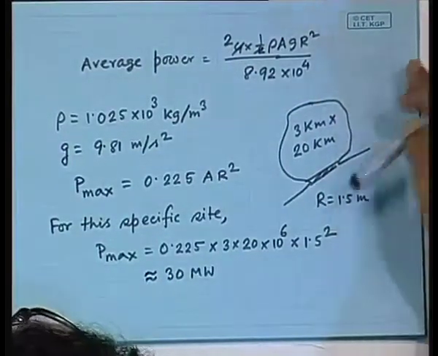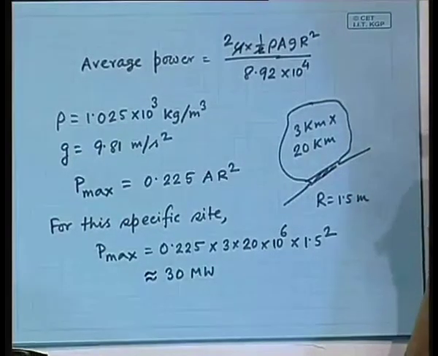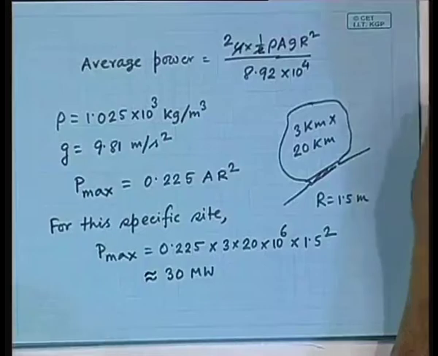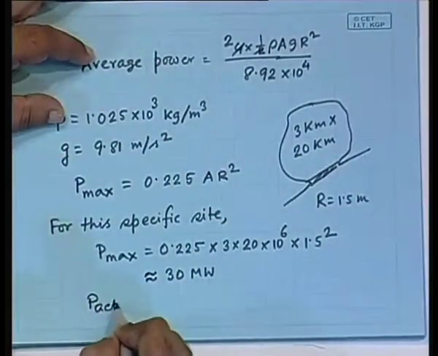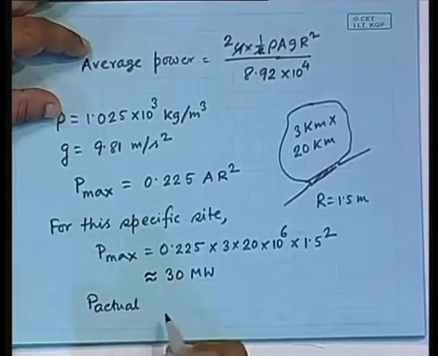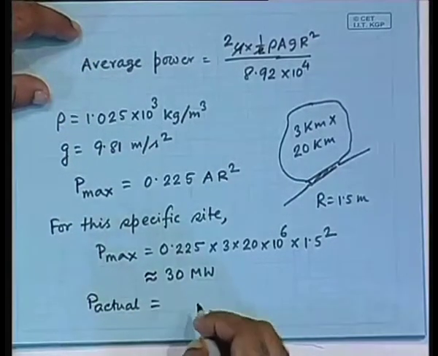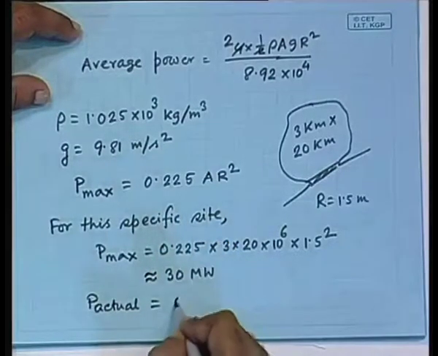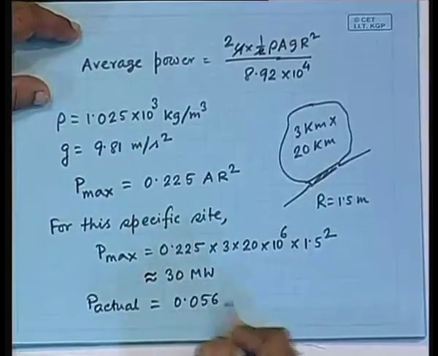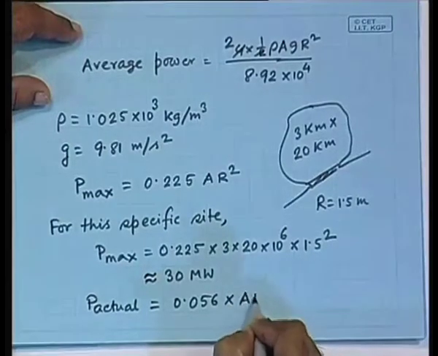Now you will see the effect of R square. So, normally you would say the P actual is equal to 1/4 of this. So, this would be approximately 0.056 times A R square.